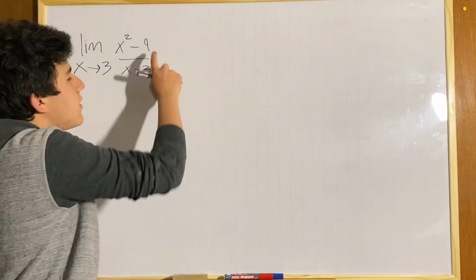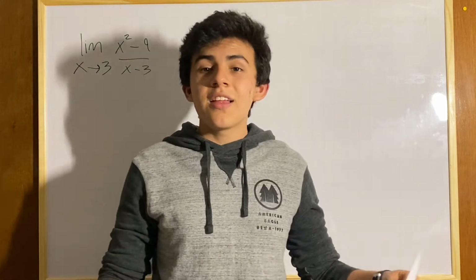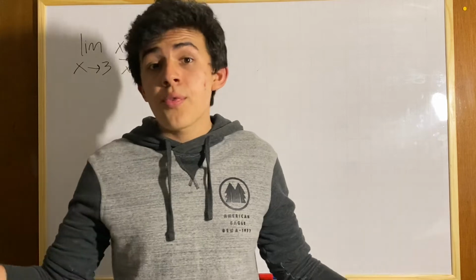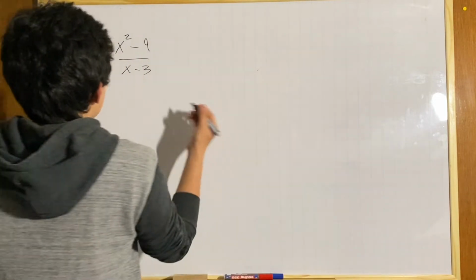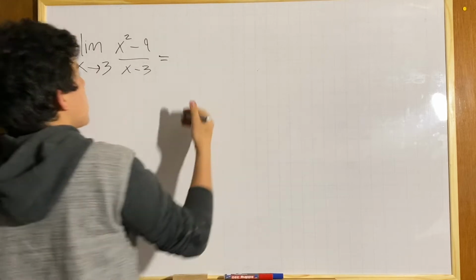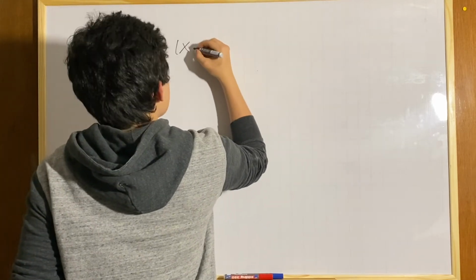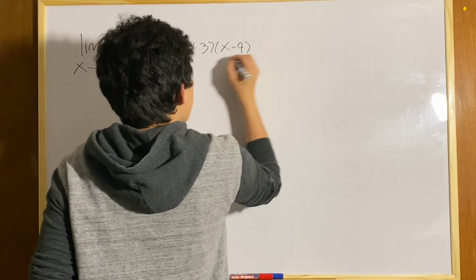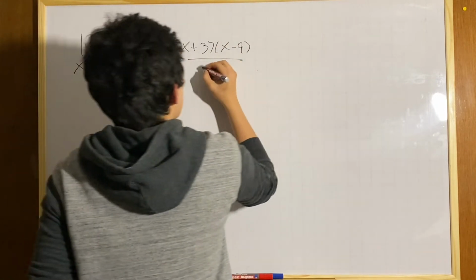Well, we know 9 is a pretty cool number because it is the square of another number. We know it's 3 squared. So we're just simply gonna factor this as a difference of perfect squares. So we have x plus 3 times x minus 3 over x minus 3.